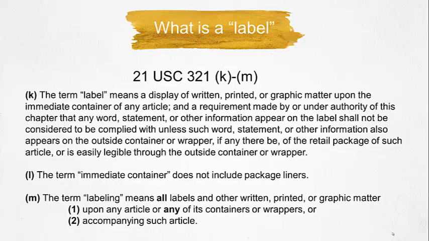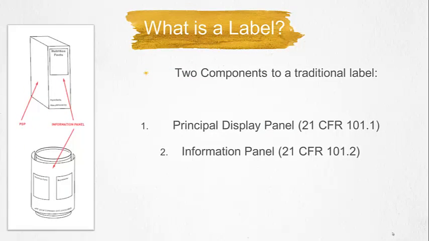And so generally when we're talking about a label, I think most of us have an idea of what that is. It's the box, it's the wrapper that goes around a can. This image is pulled from the guidance document on labeling. And there are two technical components to a label that you may be familiar with. One is called the principal display panel, and the other is called the information panel.